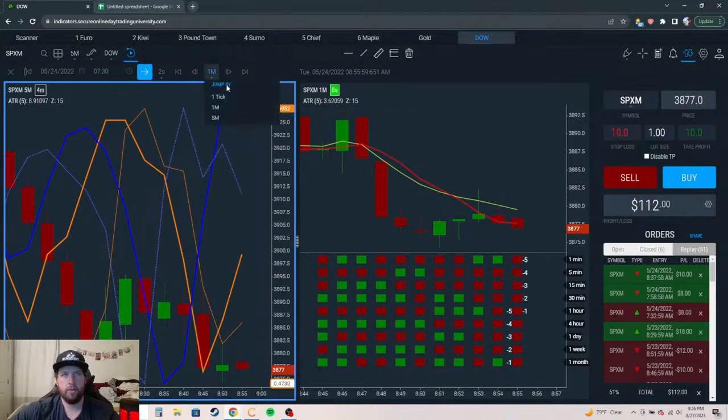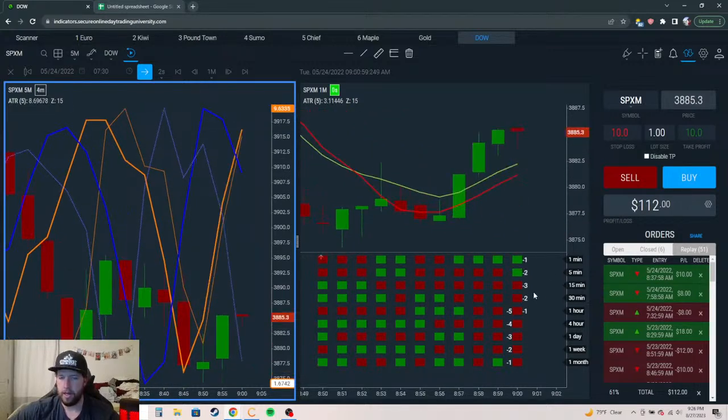If you're wondering what this is all about, this top one's 1 minute, 5 minute, 15, 30, 1 hour, 4 hour, 1 day, 1 week, 1 month. This is basically supposed to give you a really good idea of what that chart is trending at different time frames, so you don't have to go back and actually look at all the different time frames on the chart.